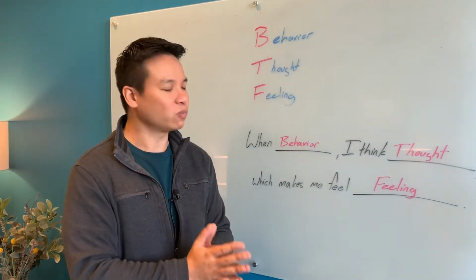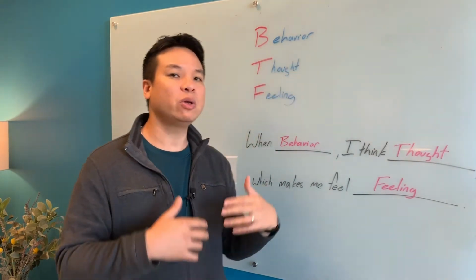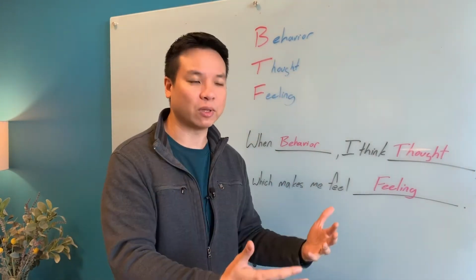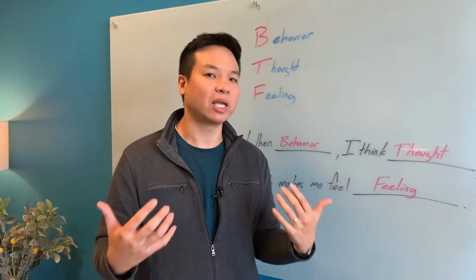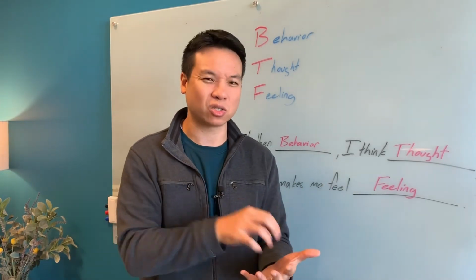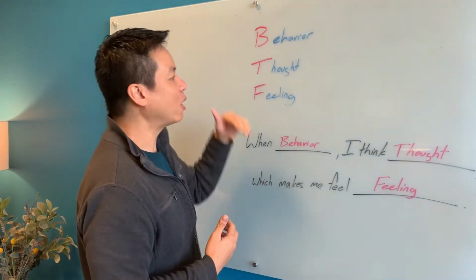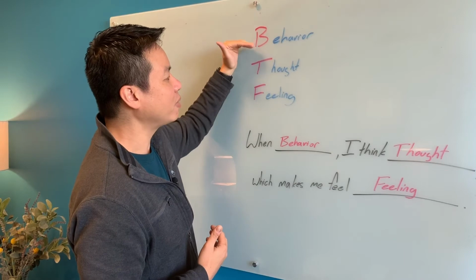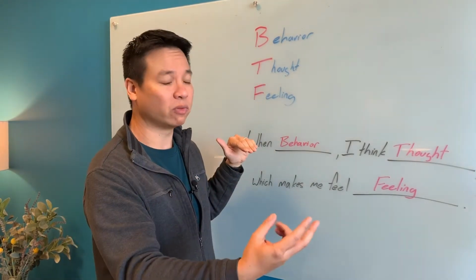The idea here is that if you can first identify what the trigger is and what the behavior is, then you ask yourself, okay, when this trigger or this behavior happens, there's a thought that comes along with that too. There's a thought associated with it. So when something happens, I think this. That would be the thought. If you can break out from that behavior what the underlying or connected thought is, that's the second part of the process.